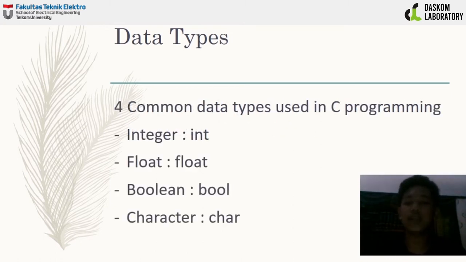There are four common data types used in C programming. First is integer, commonly written as int.